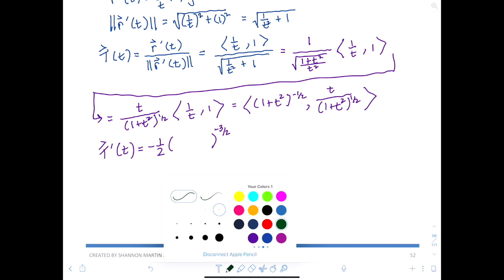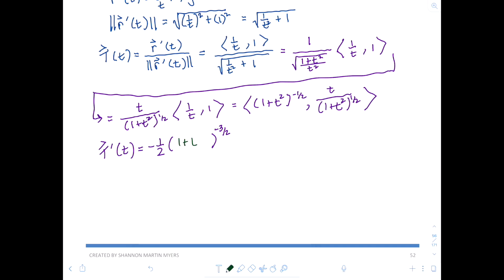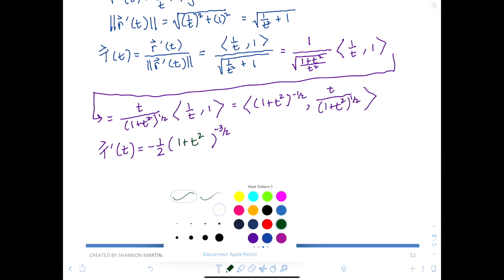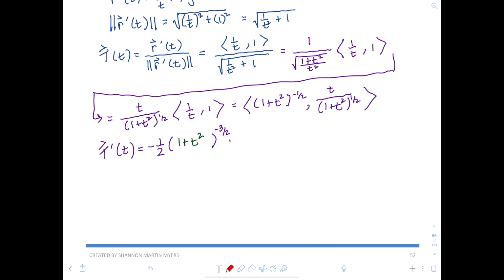So what's that something? It was 1 plus t squared. And then the derivative of that something is going to be times 2t. That takes care of the first component, right? For the derivative of the second component, I'll go ahead and just use the quotient rule.